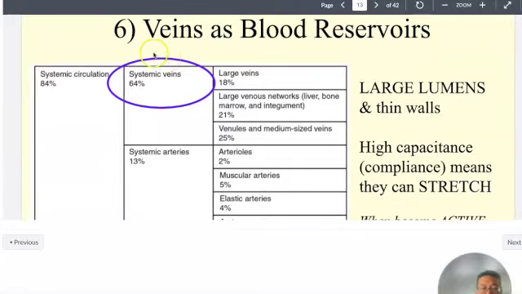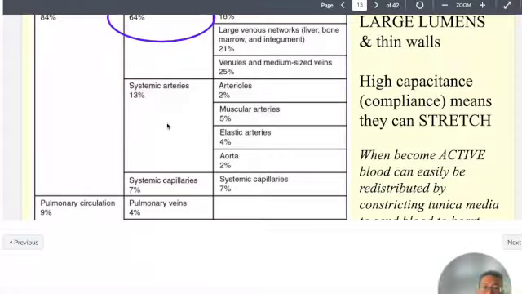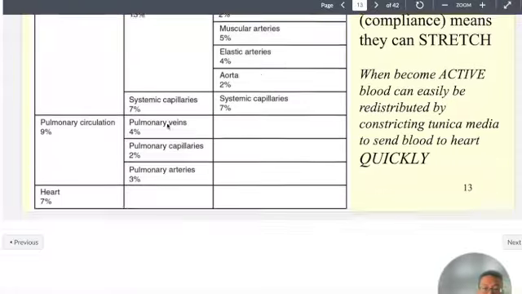The vein actually stores about 64% of the blood. You can call it a blood reservoir, because it can hold 64% of the blood volume at any given time. If your body needs more blood, vasoconstriction, and it will send it to wherever it needs.